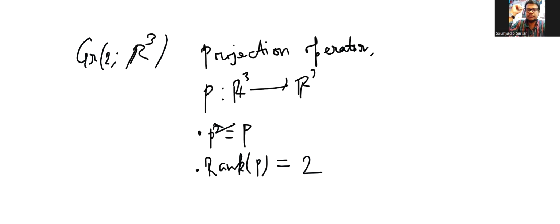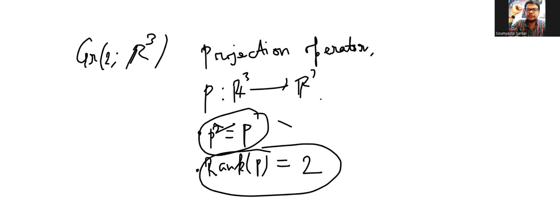And if you observe, P squared equal to P and rank of P equal to 2 are all polynomial conditions.